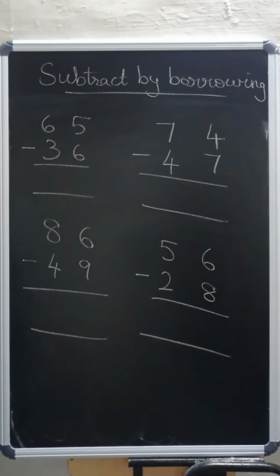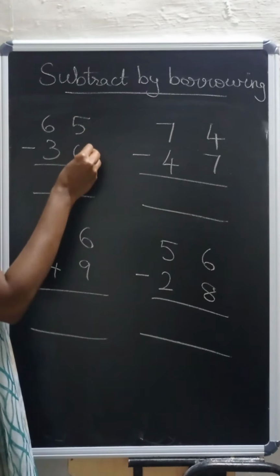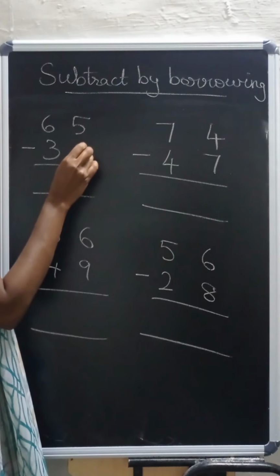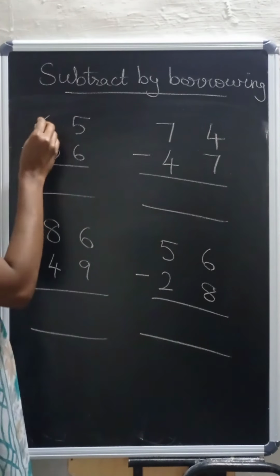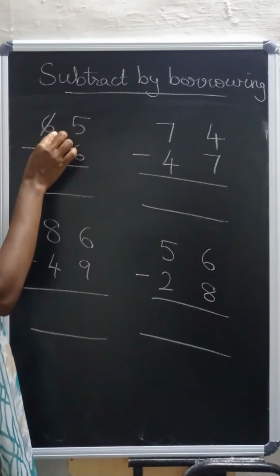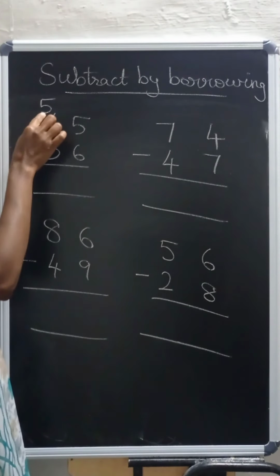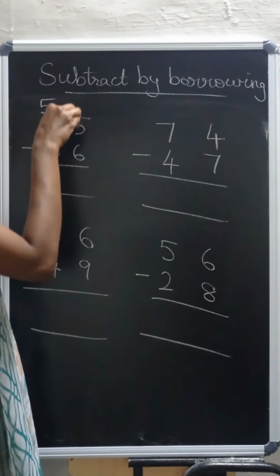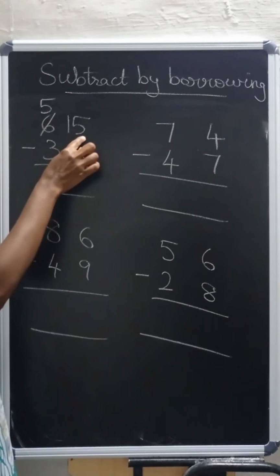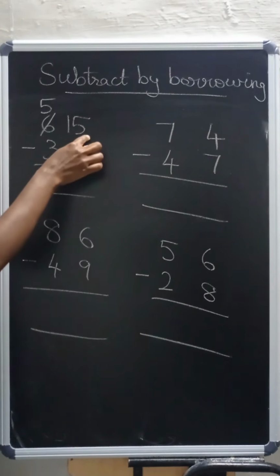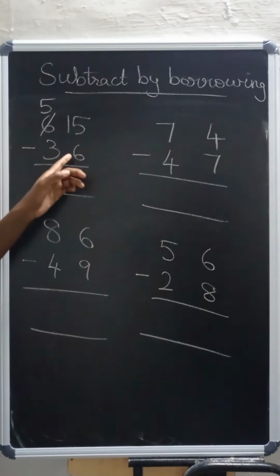65 minus 36. So from 5 we cannot subtract 6. So I am going to borrow from here. 6 after giving 1 it becomes 5. Now this 1 comes here and this becomes 15. Now 15 minus 6. Count after 6 till 15.